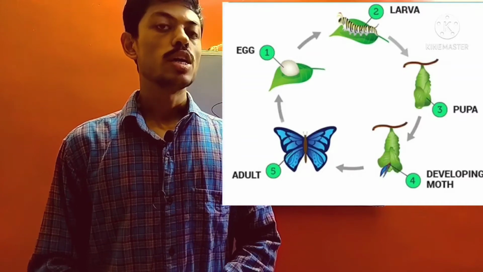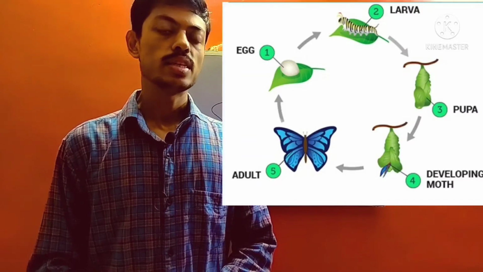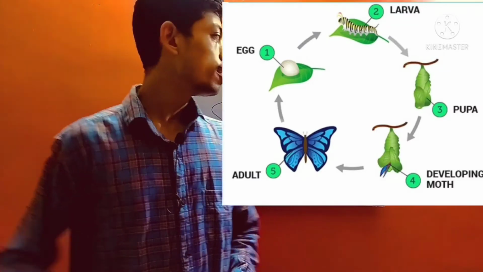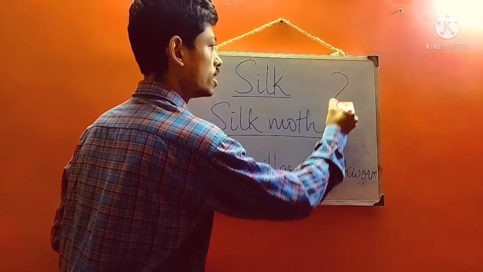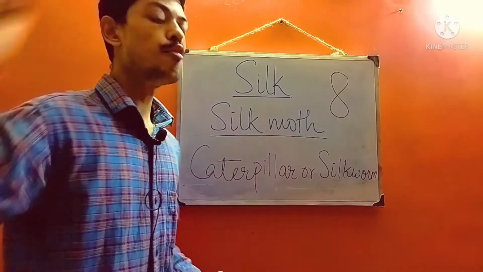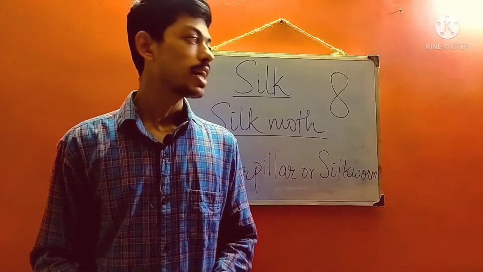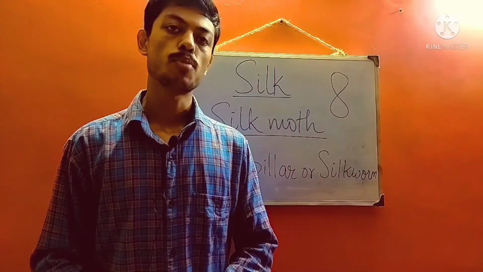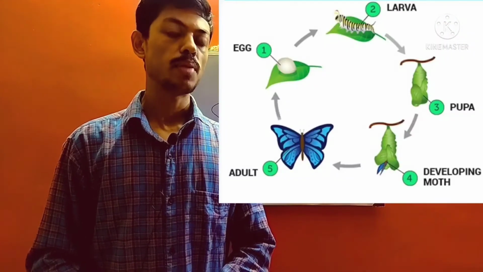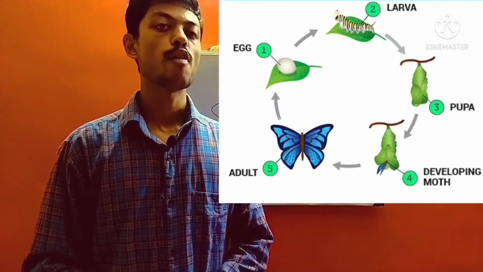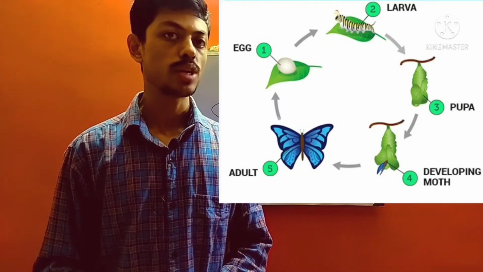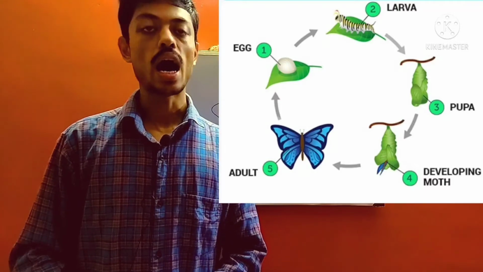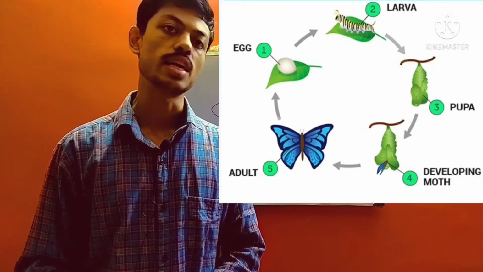During this, the head of the silkworm swings in the figure of 8 and produces a fiber made up of a protein, which on exposure to air hardens and forms the silk fiber.